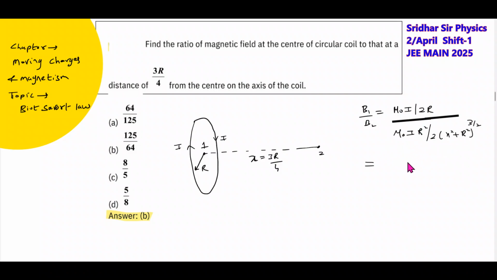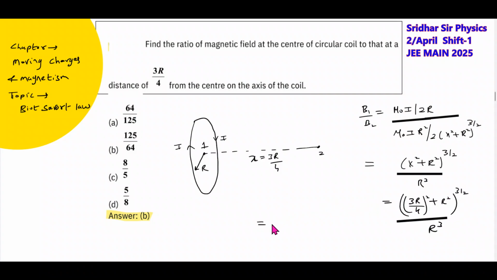This will go to the numerator, and this will be in the denominator. The 2 also gets cancelled. Here r cube will remain. What is the value of x? x will be 3r by 4, so we get 3r by 4 whole square plus r square to the power of 3 by 2, over r cube.